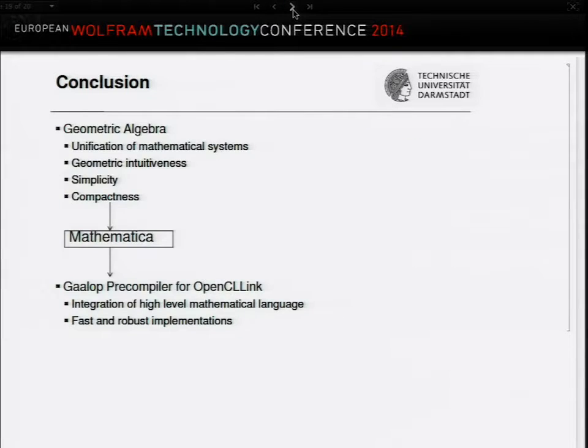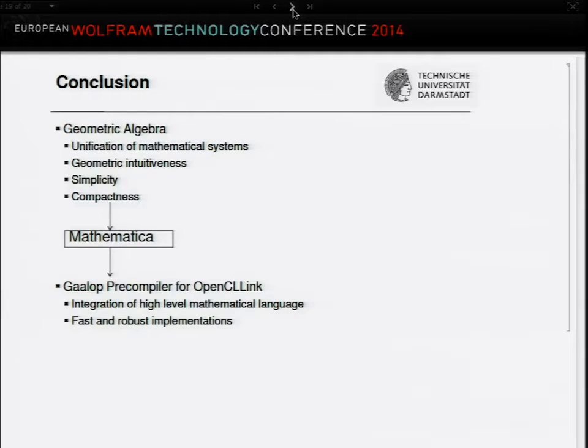Okay, and as a summary, I hope I could convince you a bit that geometric algebra is very geometrically intuitive. As I said, it unifies a lot of mathematical systems, which means that you do not have to translate between mathematical systems, for instance, between transformation matrices and quaternions, if you use these mathematical systems.